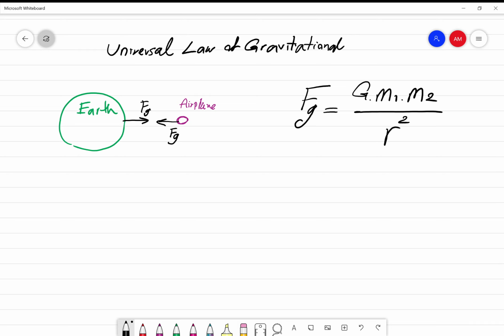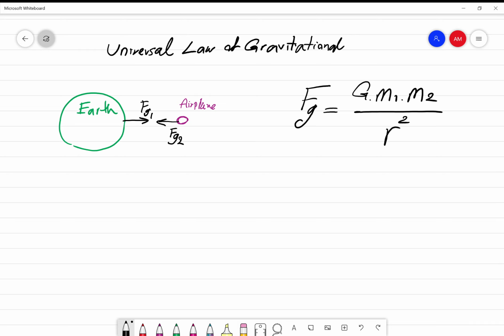But for the purpose of our example, I'm just going to name them differently. But we know that Fg1 and Fg2 are equal because they're attracting towards each other with the same force. So airplane is attracting Earth, and Earth is attracting airplane at the same time with the same force.